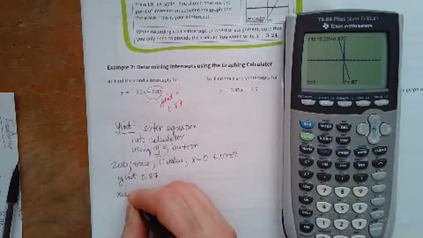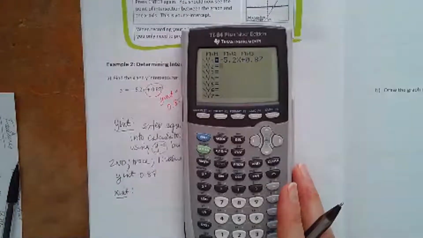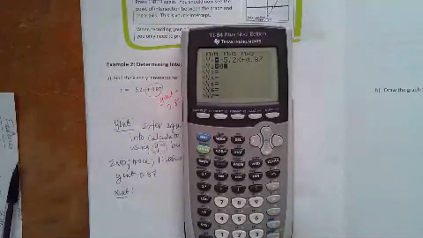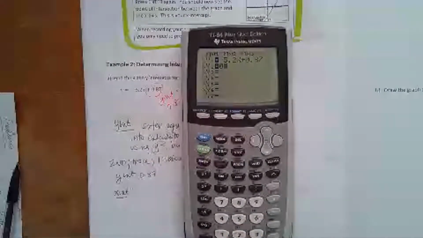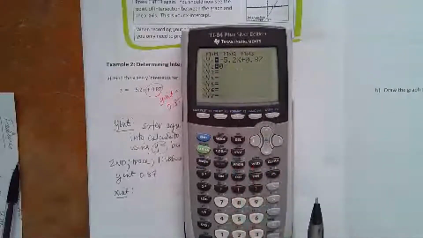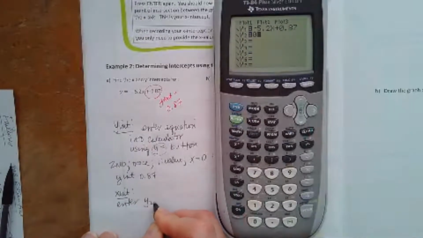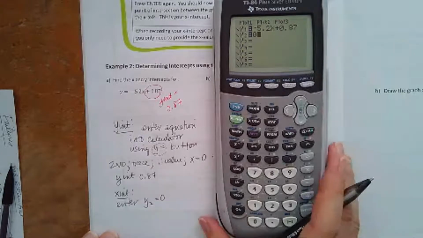Let's try the x-intercept though. That's a little harder. My y1 there. Remember, you need 2 equations in order to find an intersection point. I put a 0 in because now I'm doing the flip, right? I want the calculator to tell me the value of x when y is 0. So enter y2 equals 0, okay?